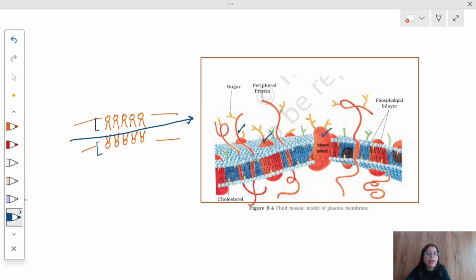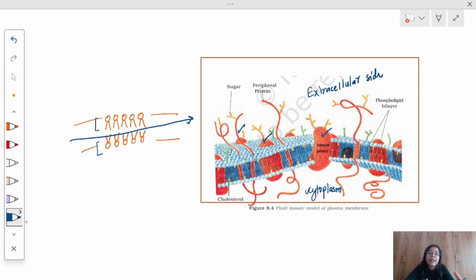Even on the lipid molecule you can see sugar is attached. It is mostly present towards the outer side of the cell, right? But the side which is facing towards the inner side of the cell, or towards the cytoplasm, right? Consider this as cytoplasm side and this as extracellular side, outside the cell, right?